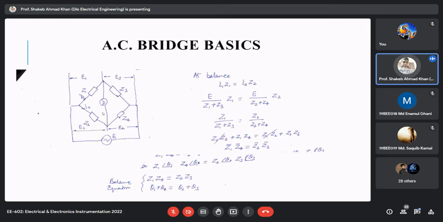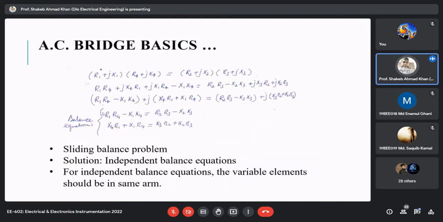Since in an AC bridge the excitation is AC, we can have different components like resistance, inductance, and capacitance in the arms. So many types of AC bridges are possible. As far as the balance equation is concerned, we have a similar balance equation, but instead of resistance we are having impedance. And because of the impedance, instead of one balance equation, we are having two balance equations, and that is shown here.